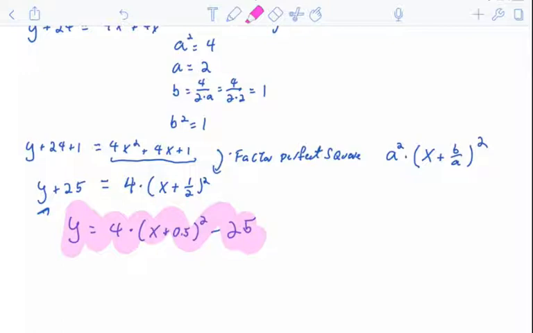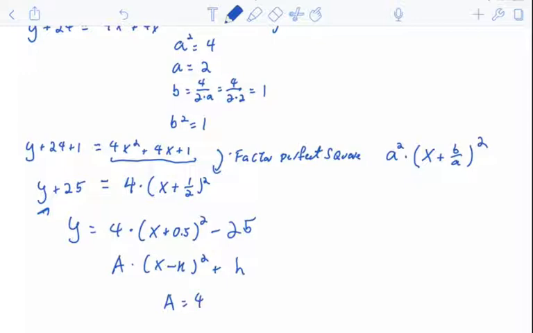Now it's in its standard form: a times x minus k, all squared, plus h. I'll always forget that. And so a is equal to 4, capital A. K is equal to minus 0.5, and h is equal to minus 25.